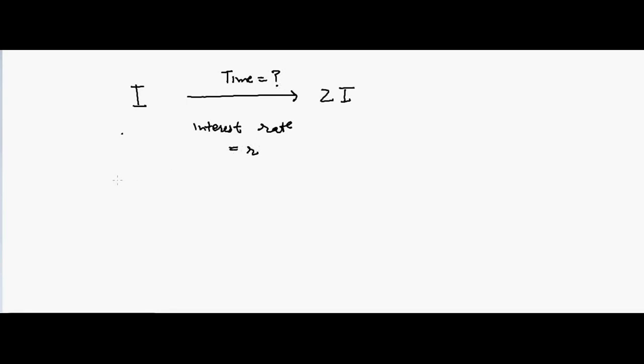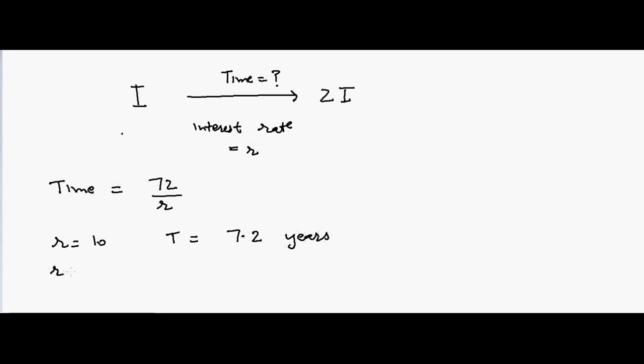There are certain ways to calculate this, but if you use this trick, the approximate time can be calculated very easily, and the time will be equal to 72 divided by R. So for example, if the rate is 10, then the time will be equal to 7.2 years.